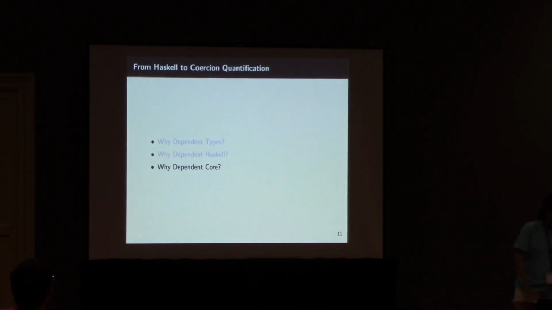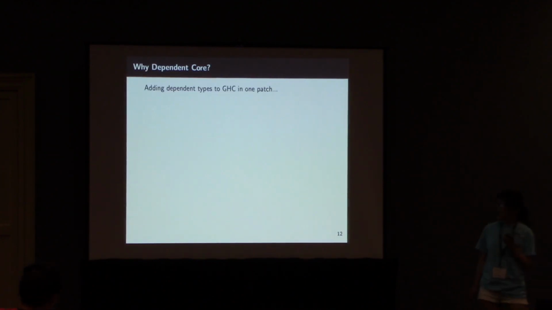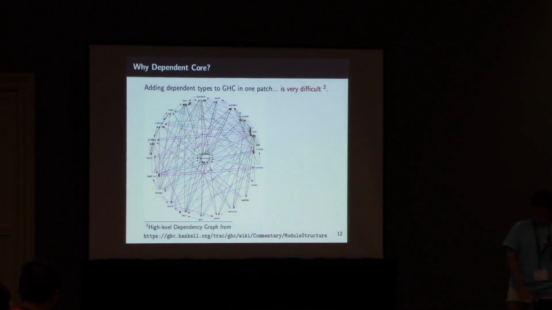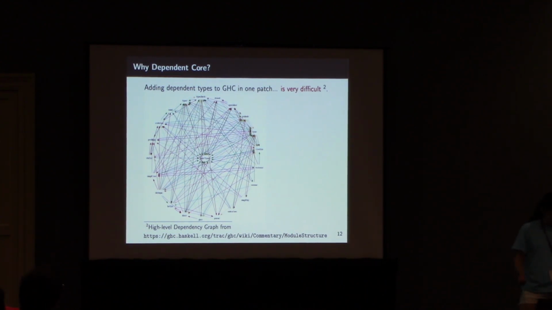The first step towards dependent Haskell is to have a dependent core. If we want to add dependent types to GHC in one patch, well, that would be very difficult. So this is the high-level dependency graph between modules in GHC. Compatibility with existing features in GHC makes adding full-fledged dependent types very difficult.